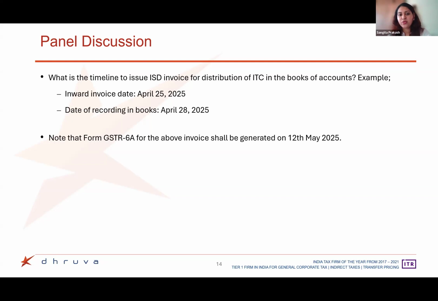But a good number of others who maintain, let's say, separate credit ledgers for each state and would like these invoices to flow through the ERP, unfortunately, such companies are forced to defer credit availment by a month, because the distribution happens only in the month of May when the return is due.